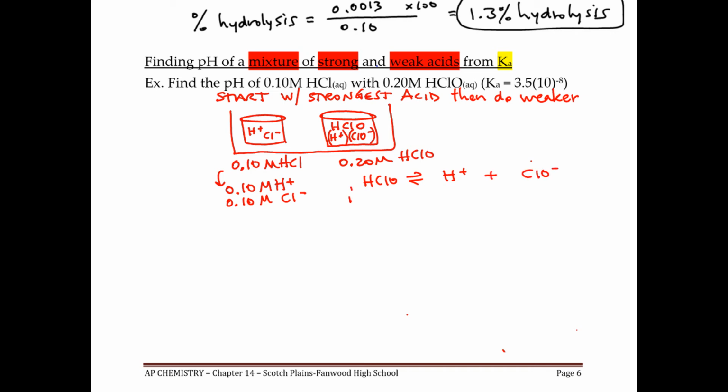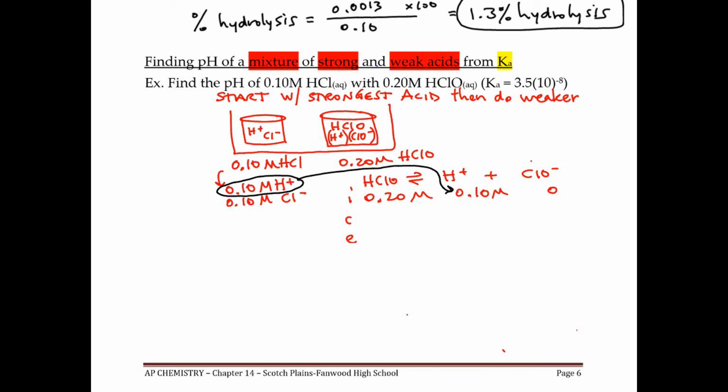You're starting in your initial with 0.2 molar. Now this is going to be tricky. You have to copy down anything from the strong into the initial of the weak. So this is the starting amount of the H plus, 0.10 molar, and then this is going to be 0 because we haven't dissociated the weak yet.